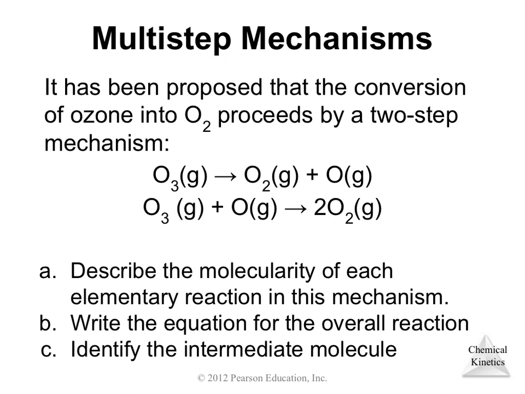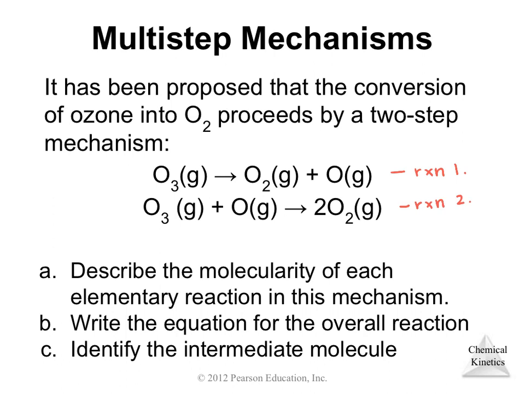So if this is the proposed mechanism for how ozone converts into oxygen, they're saying that it is a two-step mechanism. So we can do a couple of things. First, we can describe the molecularity of each elementary reaction. So we're going to say this is reaction 1. So first this happens, then this happens.